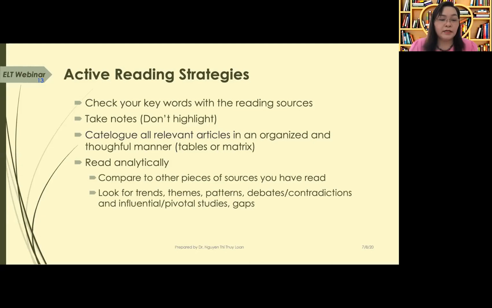By doing that, you are looking for the trends, the themes, the patterns, or the debates existing in the literature. And you can also find what is missing. There is lots of research done on this topic, but what hasn't been done? Those are the skills you need in reading in order to have a good organization of the literature.